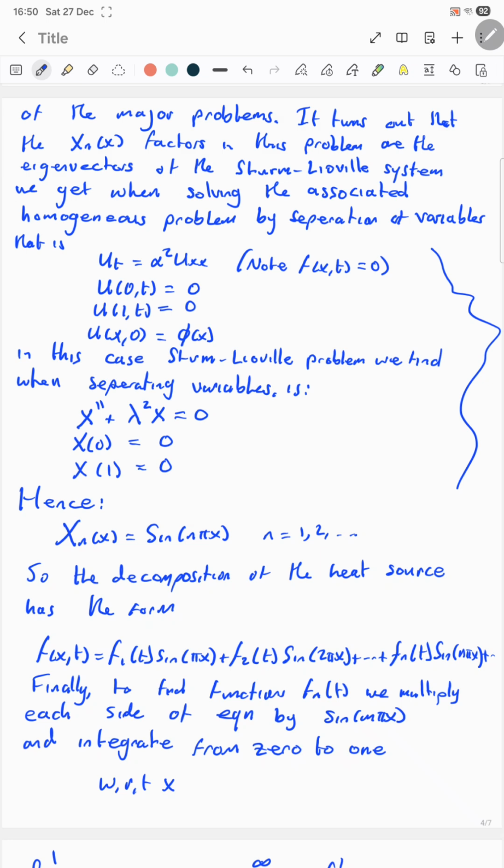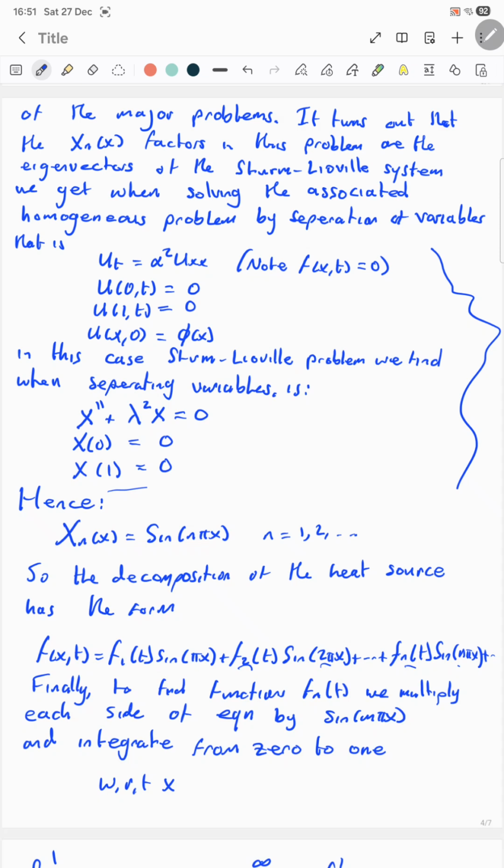And in this case, the Sturm-Liouville problem we find by separating variables is given here, and hence X n of x equals sine n pi x, where n equals 1, 2, and so on. So the decomposition of the heat source has the form f of x t equals f1 of t sine pi x, and so on, and notice the pattern here, the 2's, so we're just increasing continuously.